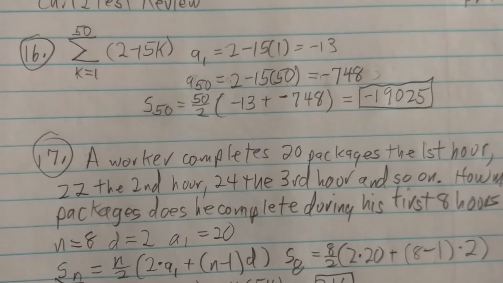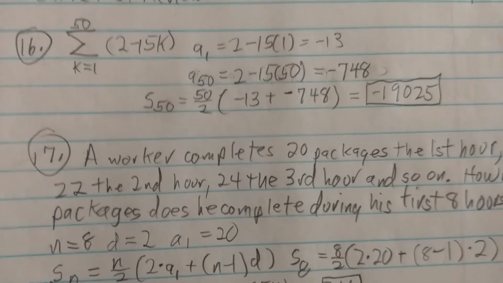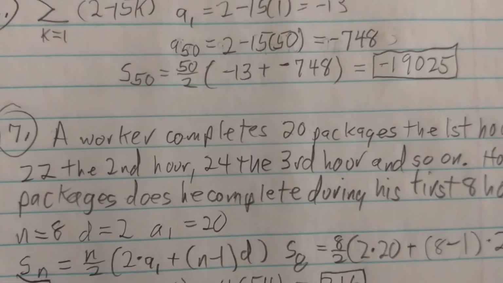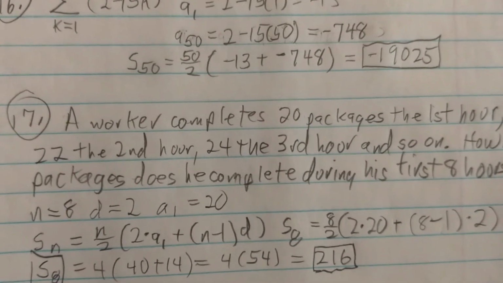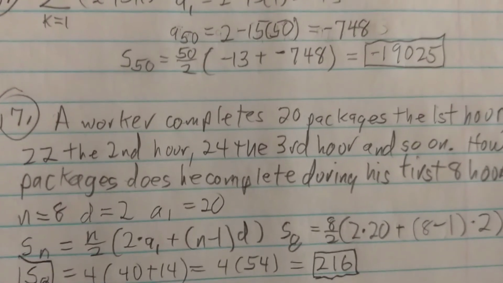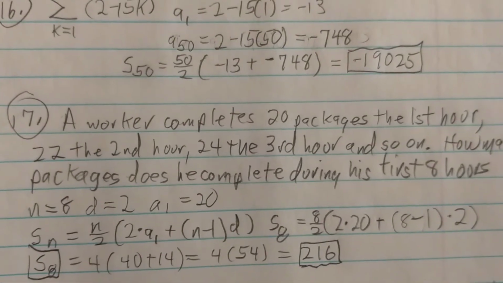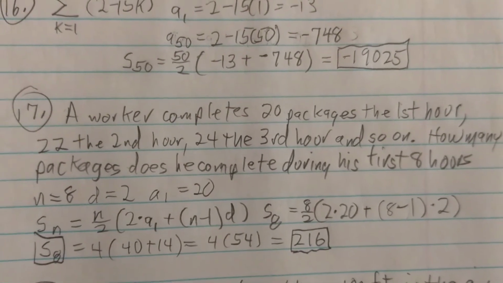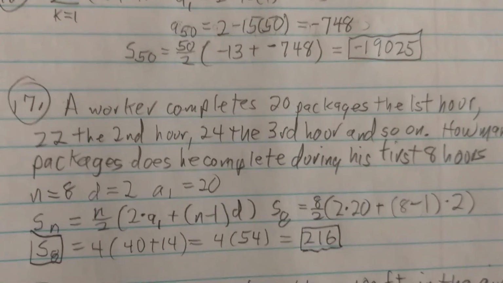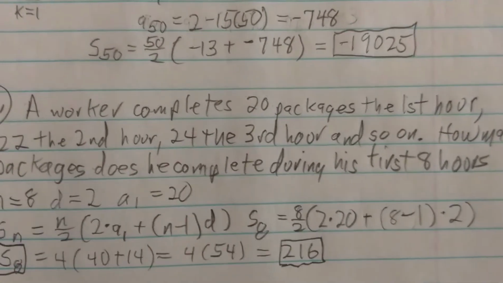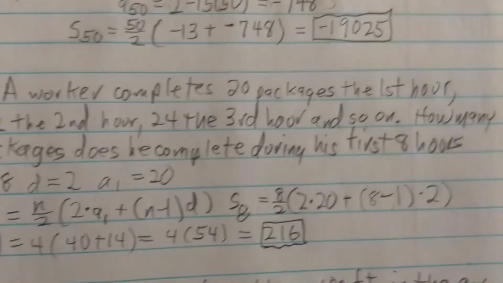Since we can get the first and the last term, we can use our arithmetic formula. S sub 50 is 50 over 2, the first plus the last, negative 13 plus negative 748. In the calculator, 25 parentheses, negative 13 plus negative 748 should come out to negative 19,025.